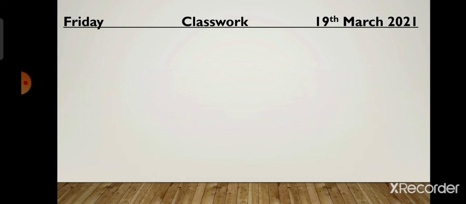Now, draw a line at the top of the page to write day, date and classwork. Today it is Friday, 19th March 2021. Write day, date and classwork quickly at the top of the page. Hurry up, I am waiting for you.